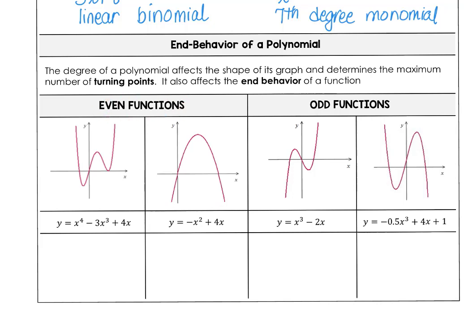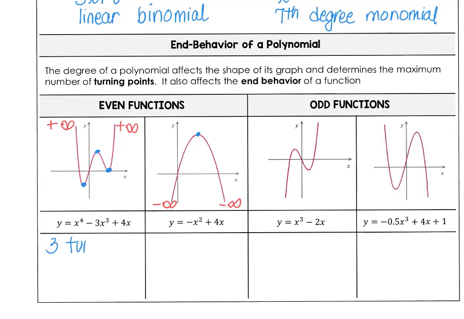So on this even function, we have 1, 2, 3 turning points, and our behavior is up and up, so it's positive infinity. Here we're down and down, or negative infinity, with only one turning point.